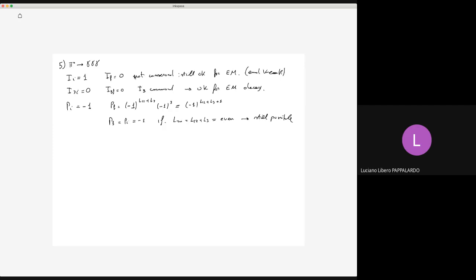Okay, I'll tell you. It's about charge conjugation. The charge conjugation in the initial state for the pi zero is, if you remember, +1, because the pi zero is an eigenstate of the charge conjugation operator with eigenvalue +1. In the final state, we have (-1) to the cube, that is -1. So charge conjugation is violated.